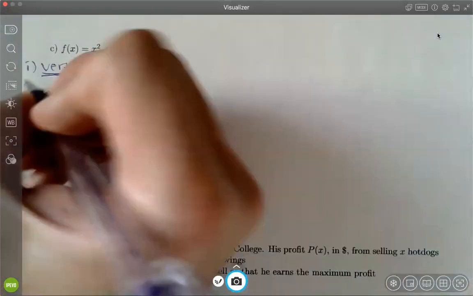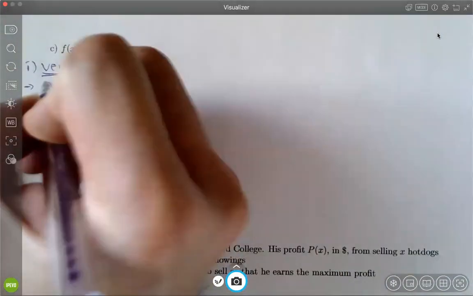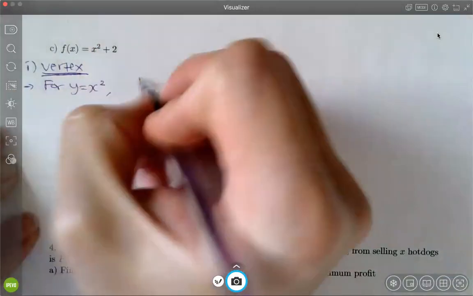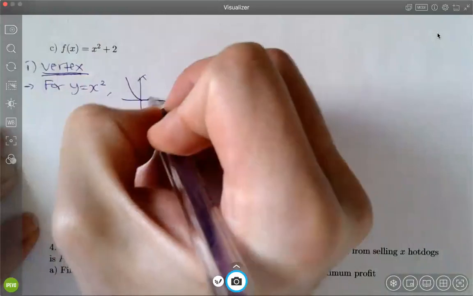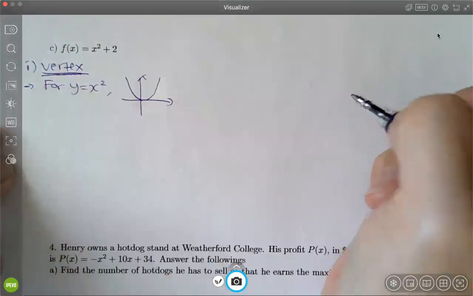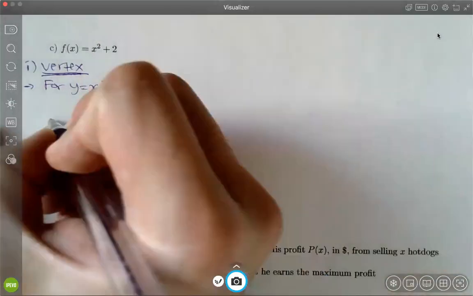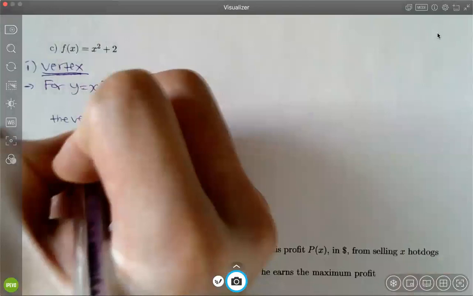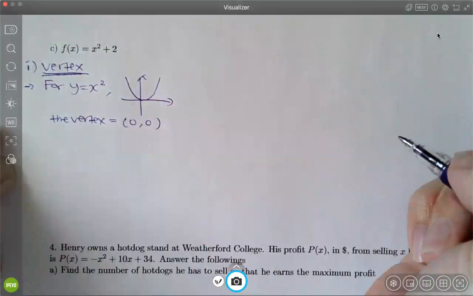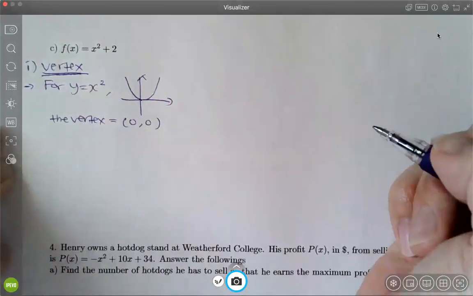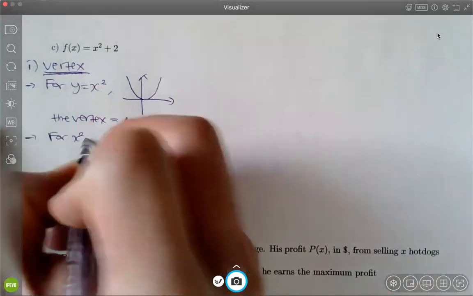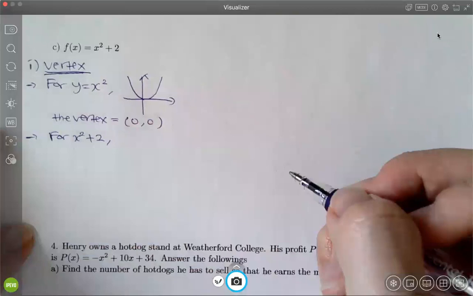So for the y equals x squared graph, which looks like this, where is the vertex? At the origin, right? Okay, now we have x squared plus 2. For x squared plus 2, what do we have to do?